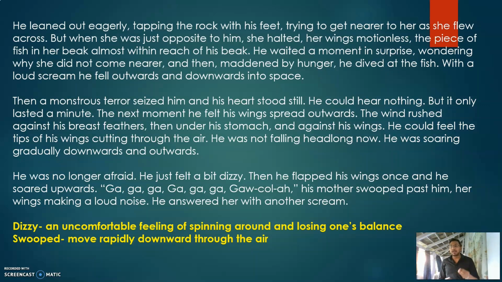Okay, the mother tricked the seagull with that bait so that the seagull could leave the cliff. So the seagull is now falling down in the space, down below, because he has up till now not opened his wings. Then a monstrous terror seized him and his heart stood still.